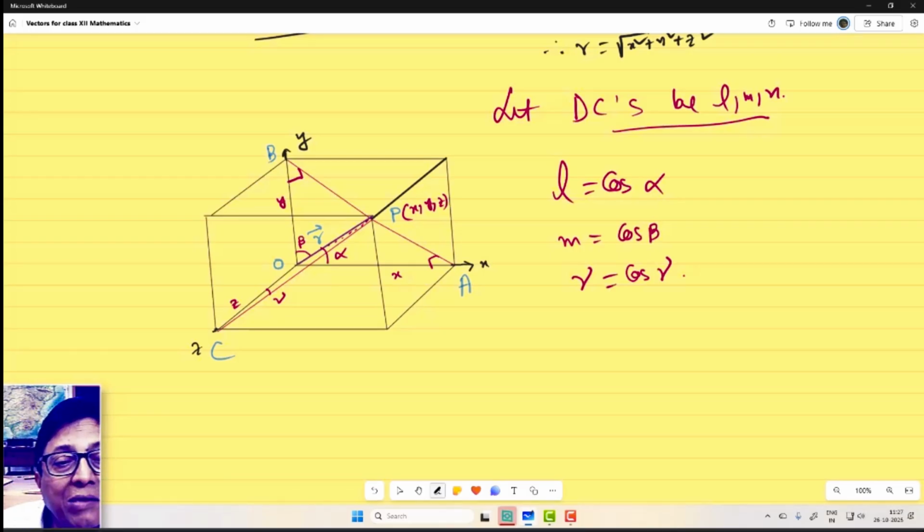In this diagram, this angle is 90. This is 90, isn't it? The angle it makes with the x, y and z axes. Sorry, this is not gamma, this is 90, pi by 2.